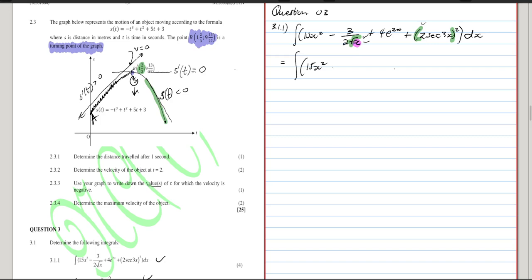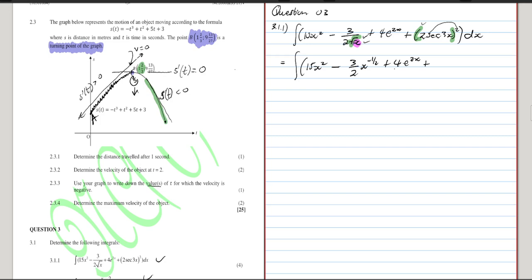We are just simplifying. So this is going to be minus 3 over 2 x raised to exponent minus a half. The half is for the square root. The negative is for the fact that we need to move x from the denominator to the side. Plus 4e^2x plus, you need to be careful when solving this bracket.